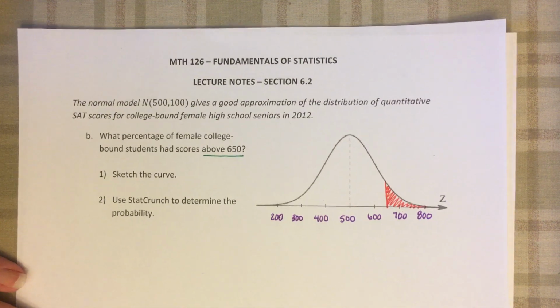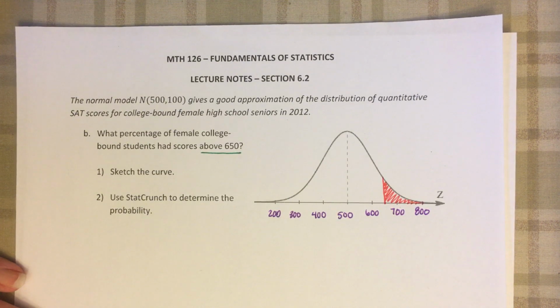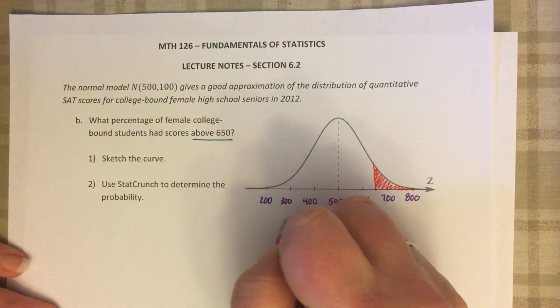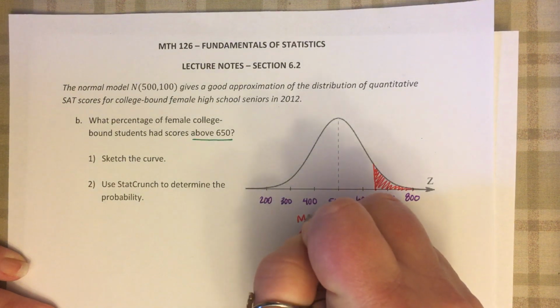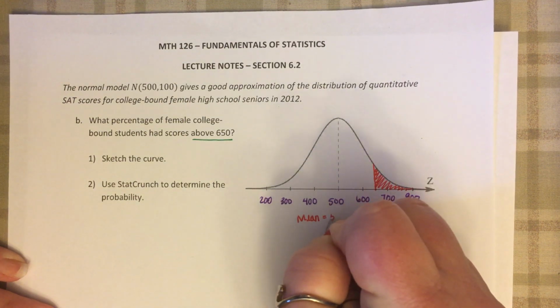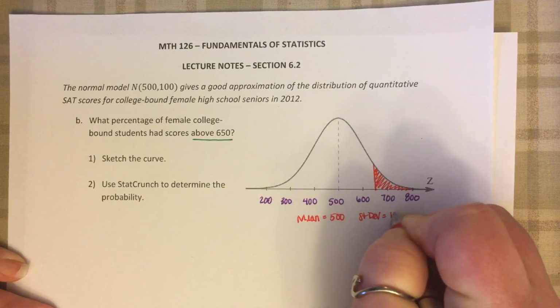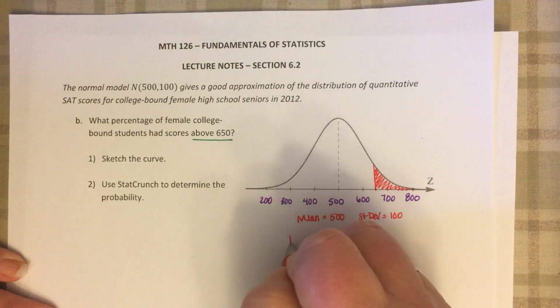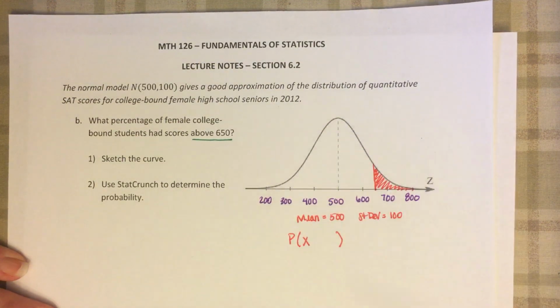Again, in StatCrunch, remember we're doing stat, calculator, normal, because we're using our normal calculator to do these. And then we're going to input our values. Our mean is 500. Our standard deviation is 100. Now we are looking for the probability that X, and we're going to fill in a couple of things here.